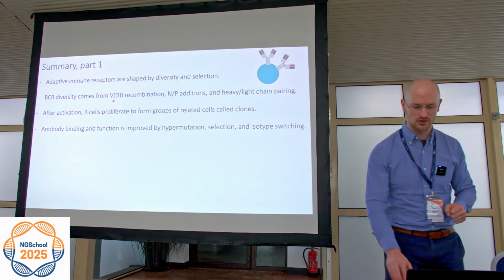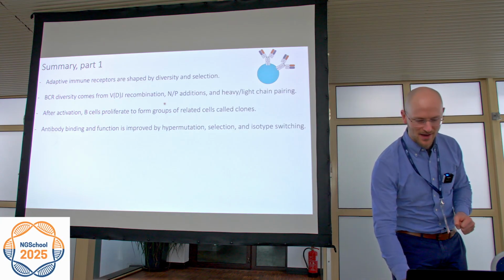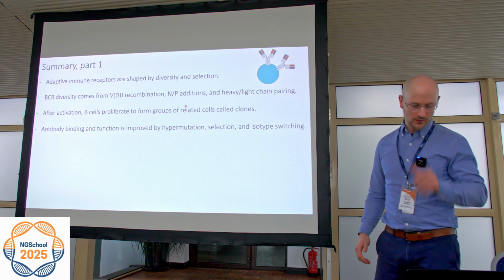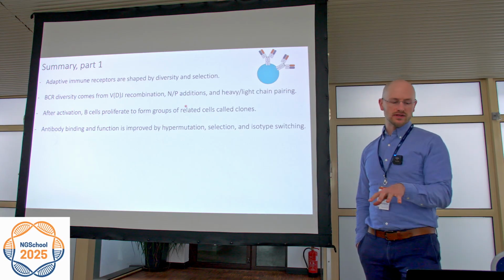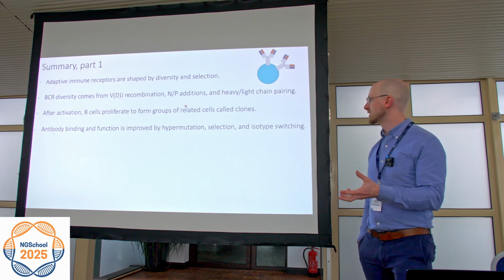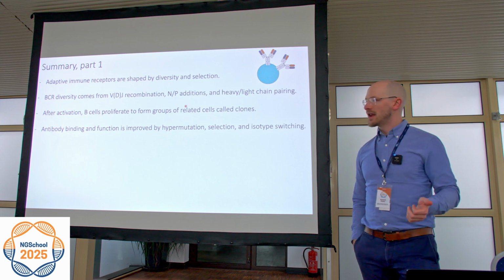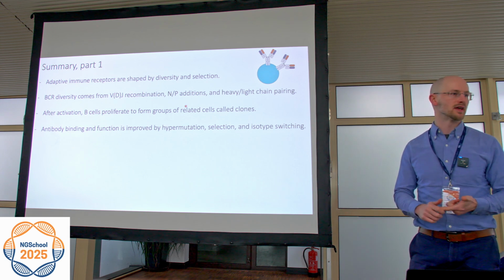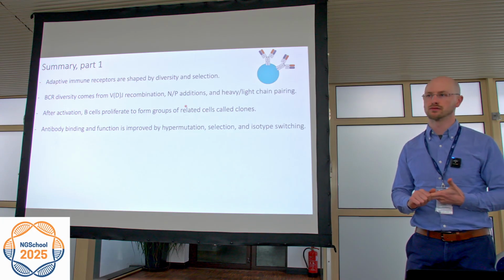I feel like I should have learned that earlier. NNP additions as well as heavy and light chain pairing. After activation, B cells proliferate to form germinal centers and groups of related cells called clones. And antibody binding and function is improved by hypermutation, selection, and isotype switching.